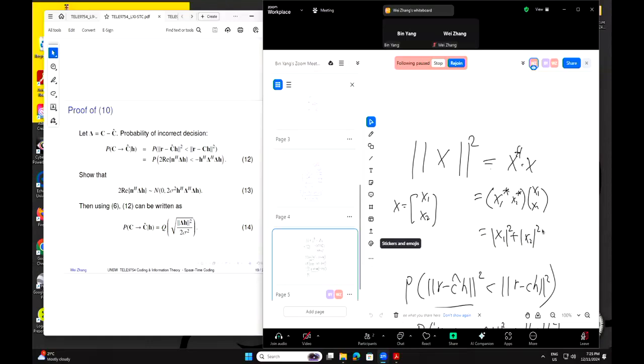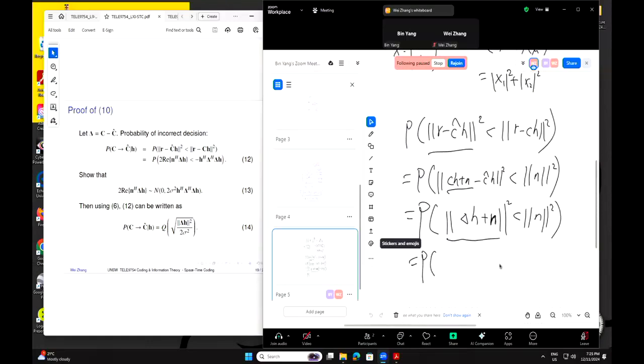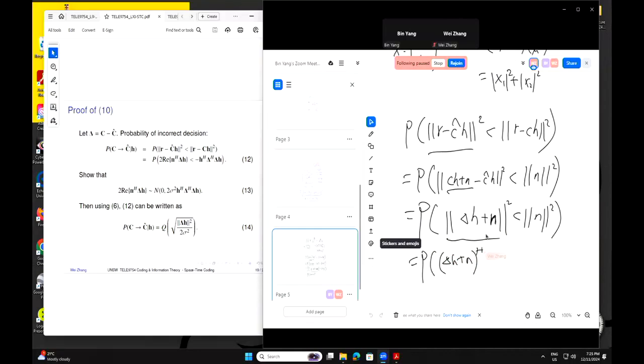We can get this step if you remember that. So delta H plus N norm square is given by delta H plus N Hermitian times delta H plus N, smaller than N norm square.